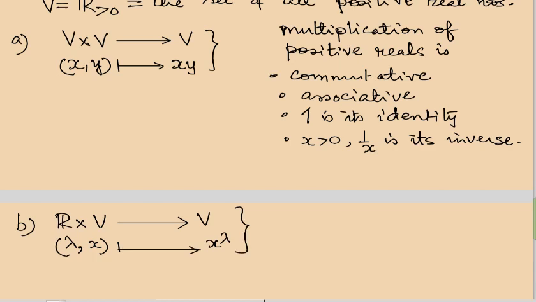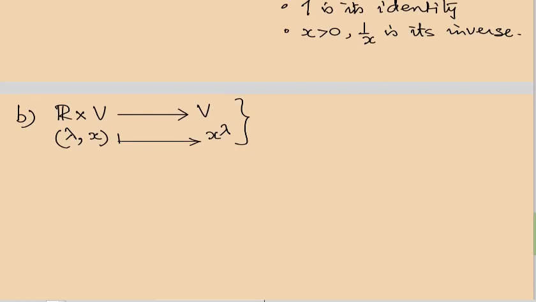Obviously, x to the power lambda is again another positive real number. And let me check. Checking of the properties.